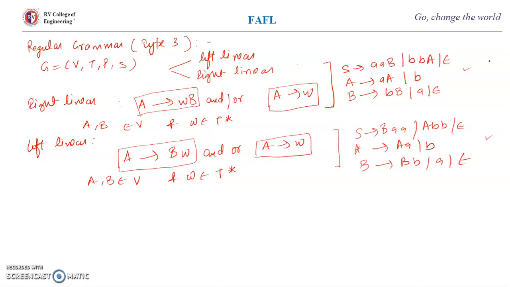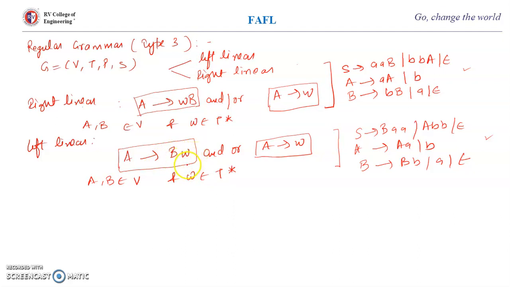A grammar that is not either left linear or right linear, but has at most one non-terminal on the right hand side of any production without any restriction on the position of this non-terminal, is called a linear grammar. If it is right linear, there is a restriction that the non-terminal has to be the rightmost symbol. If it is left linear, the non-terminal on the right hand side of the production should be the leftmost symbol. But when there is no such restriction, it is called a linear grammar.